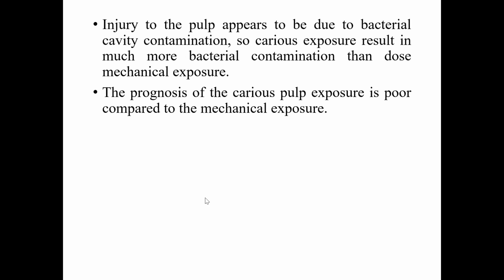Injury to the pulp appear to be due to bacterial cavity contamination. لذلك الcarious exposure result in much more bacterial contamination than does mechanical exposure. The prognosis of the carious pulp exposure is poor compared to the mechanical exposure.